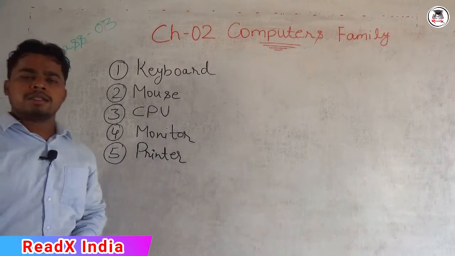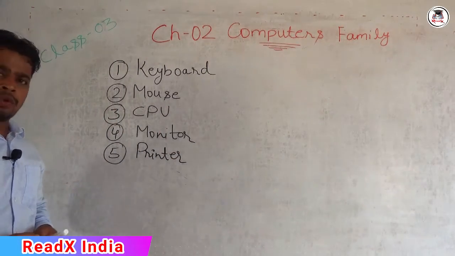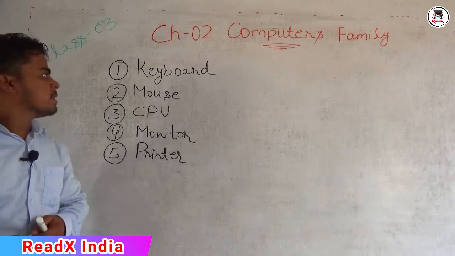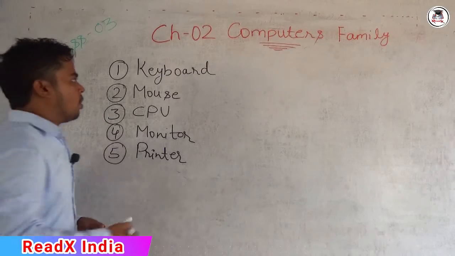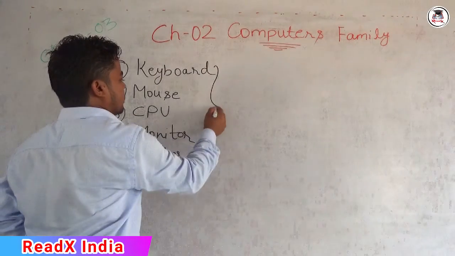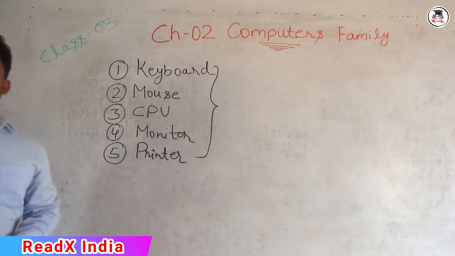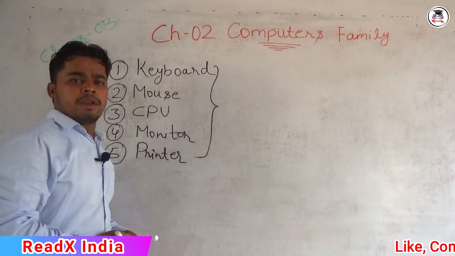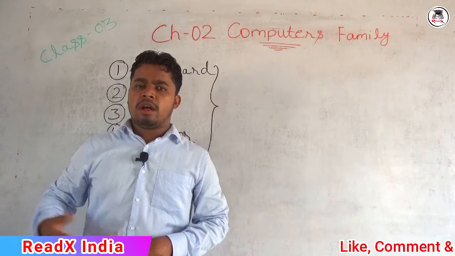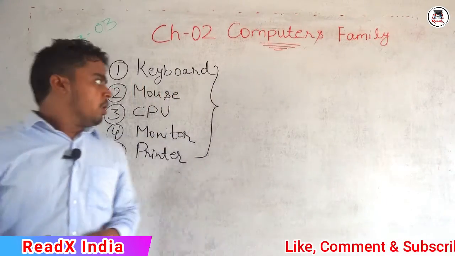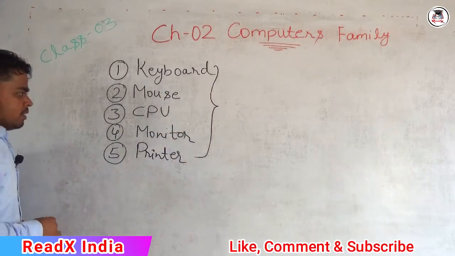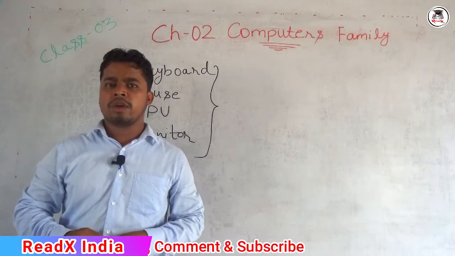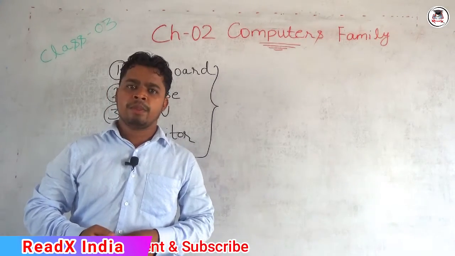These are the devices you will mostly find in a normal working computer system. All these devices are categorized in two ways, input device and output device. Also we'll see the CPU, which is a processing device.